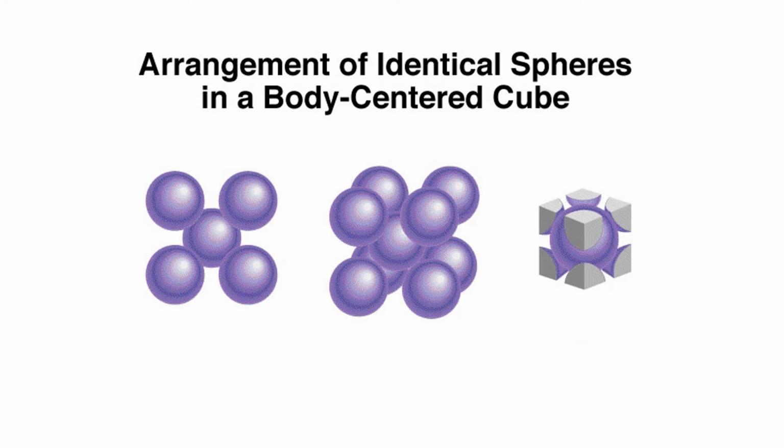So packing efficiency here increases to 68%, which means that only 32% is empty space. The packing, and you'll see this in the little video, or the layering is AB, AB.